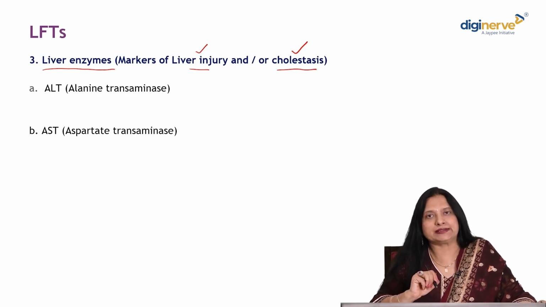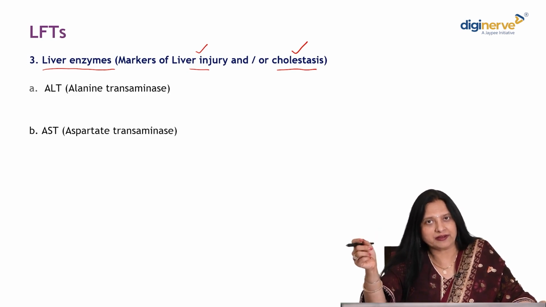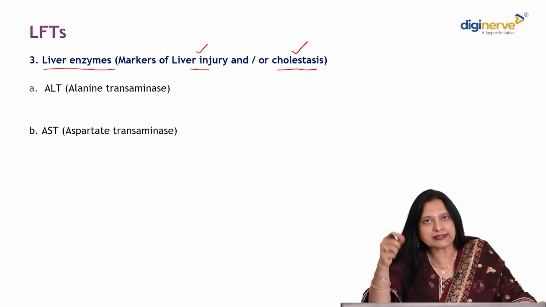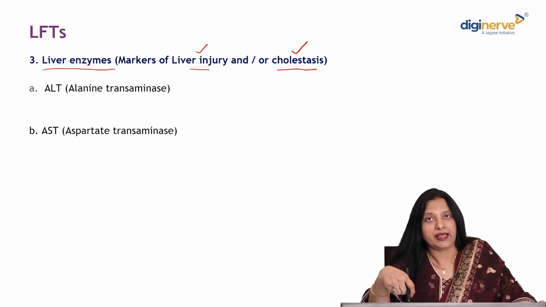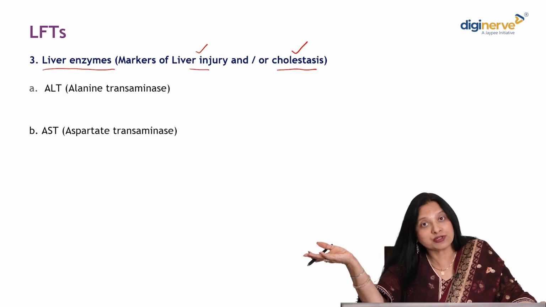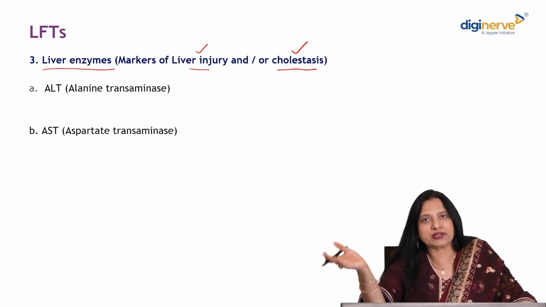However, any disease which is blocking the biliary channels, whether inside the liver or outside the liver, is cholestasis. Inside the liver, if the blockage is there, it is known as intrahepatic cholestasis. And if the same obstruction is occurring outside the liver, say in the CBD because of some gallstone, then that is known as extrahepatic cholestasis.